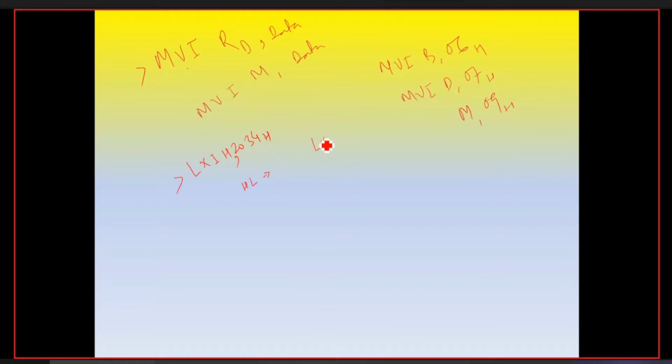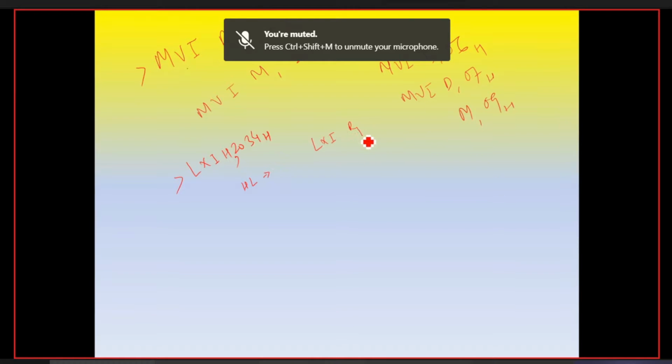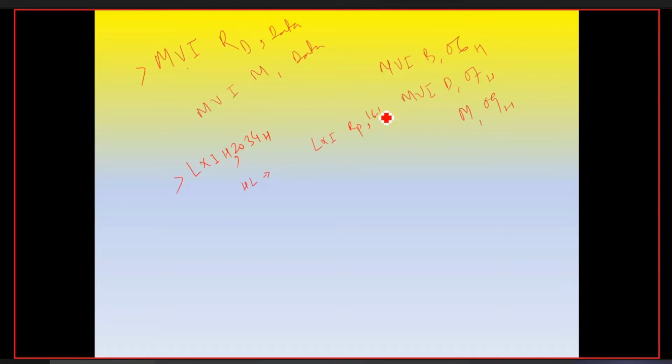The general instruction is LXI register pair, 16-bit data. So HL will store this value, which in case of 8085 we can say is an address.